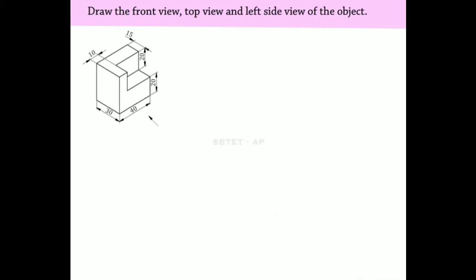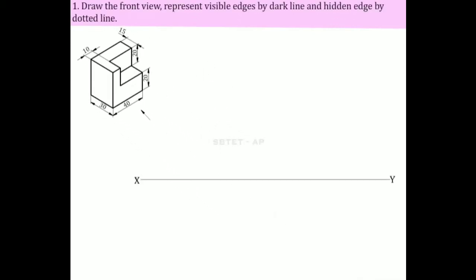Problem, we need to draw the front view, top view and left side view of the object. First, complete the front view, show the dimensions, represent the visible edges by dark line and hidden edges by dotted line.